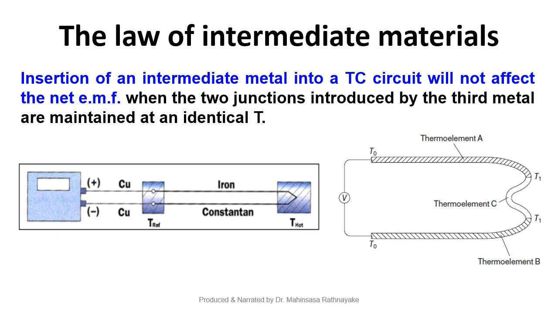So here, as you can see in the picture, there is an introduction of thermo element C in between thermo element A and B. So there are 2 junctions created, but these 2 junctions are at identical temperature, T1. So it does not affect the net electromotive force. So this is very important when we talk about the application of thermocouple.